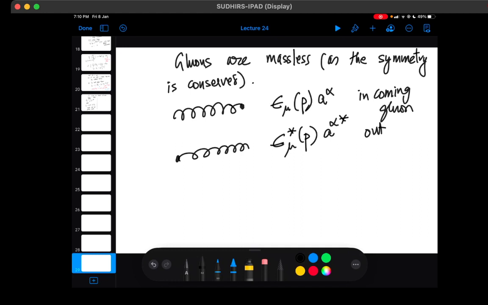This is again somewhat like we saw in scalar QED, independent of the momentum. So we don't forget about that, but it's dependent upon the color factors and the Lorentz indices.